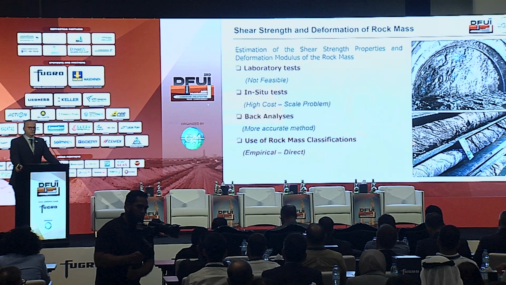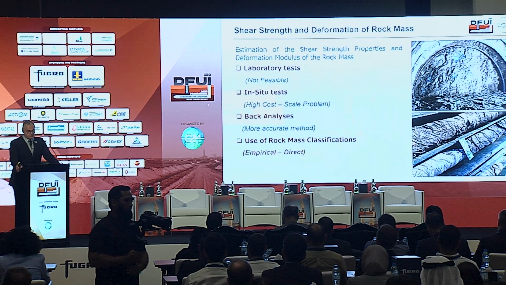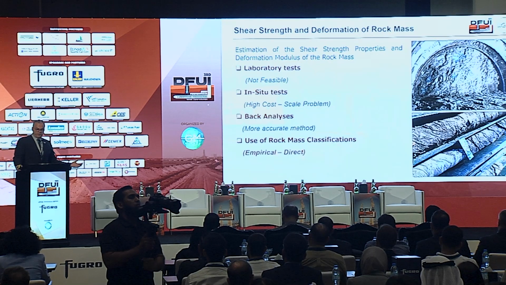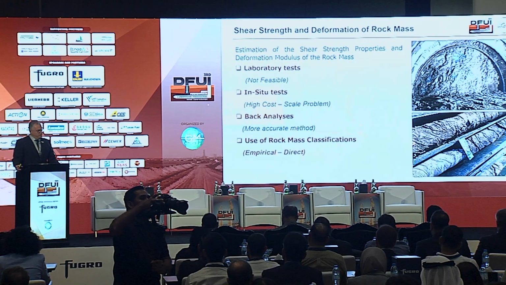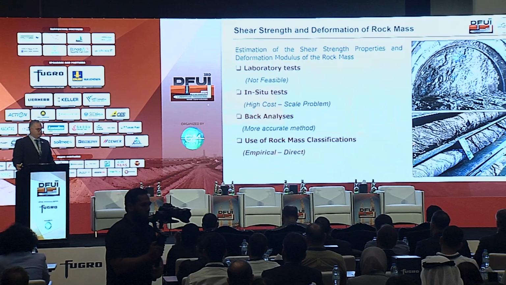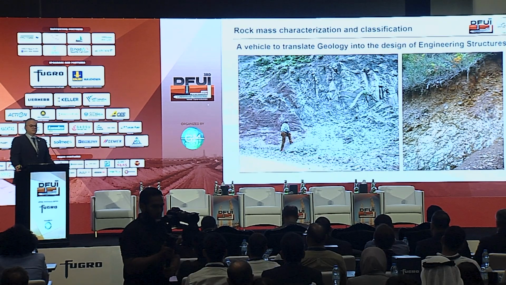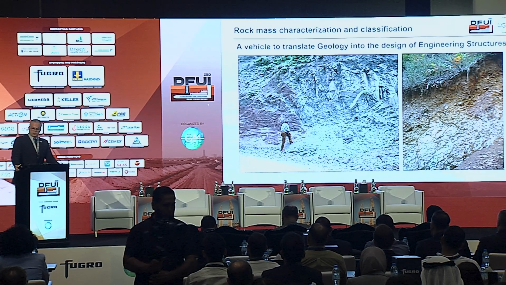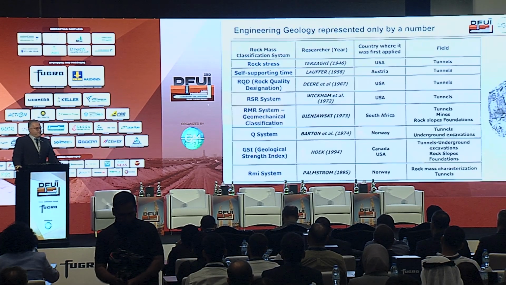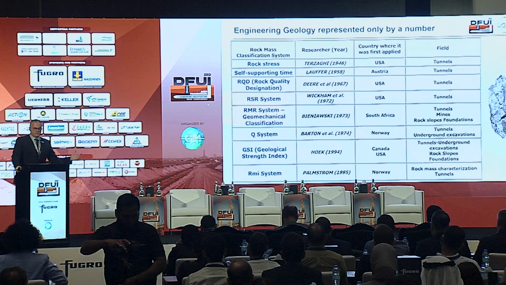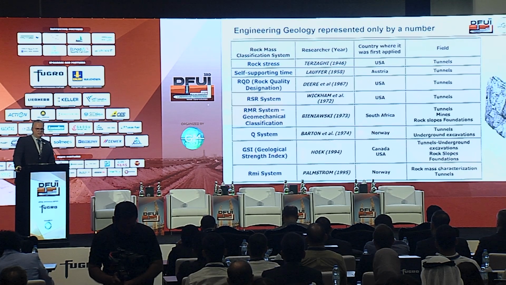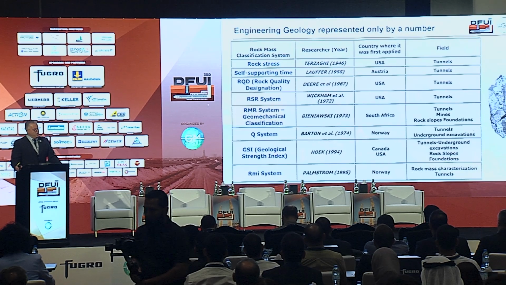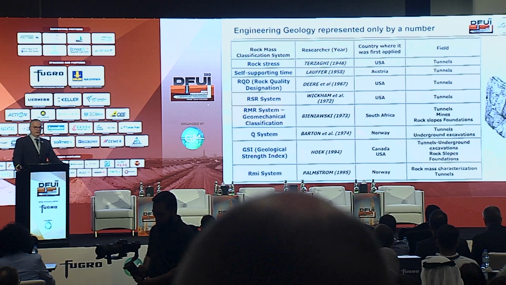So we use rock mass classification for this issue in all our engineering projects on or within a rock mass environment. It is empirical, direct, and very friendly. It is a vehicle to characterize, and a common language between geologists and engineers. You can find dozens of rock mass classifications in the literature, and here are listed some of the ones you use in your designs.